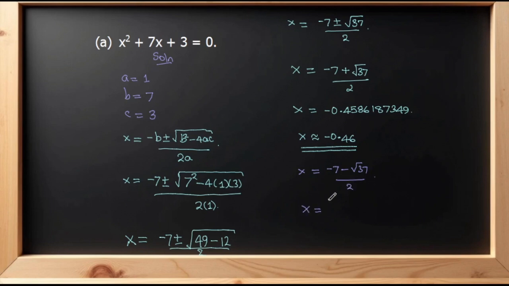Again, let's enter this into a calculator, and this will give us negative 6.5413812 6.5. Again, let's round it to 2 decimal places, and x is approximately negative 6.54.